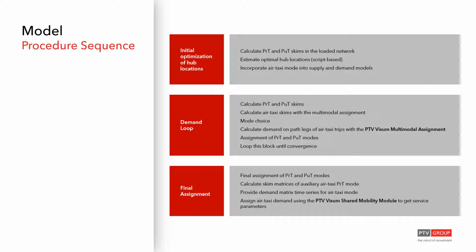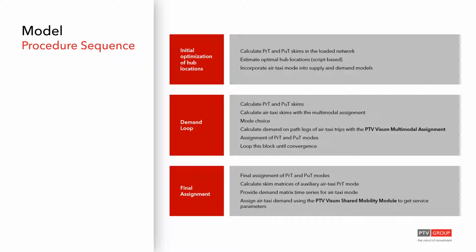Then we incorporated the air taxi mode into the supply and demand models and performed the calculation of the demand loop, which covers the calculation of schemes, calculation of air taxi schemes with the multimodal assignment, the mode choice, calculation of the demand on path legs for air taxi trips. So that's the demand for access mode, the air taxi itself, and the egress mode. We performed the assignment of PRT and PUT modes and looped this set of procedures until the convergence.